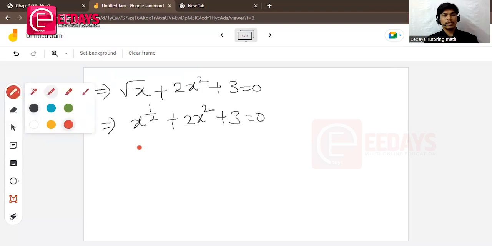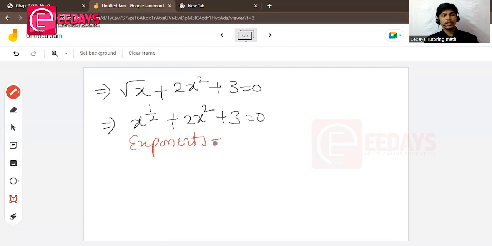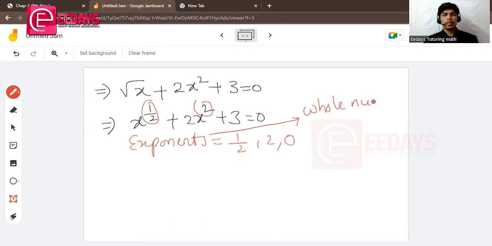Now observe the exponents here. What are the exponents here? Here the exponent is 1 by 2, then 2, and here nothing else, you can take 0. So 1 by 2, 2 and 0. What I said: the exponent every time would be a whole number.